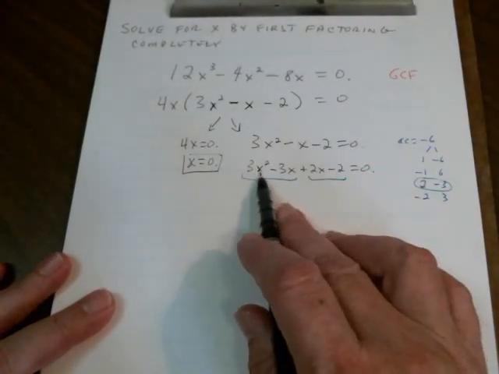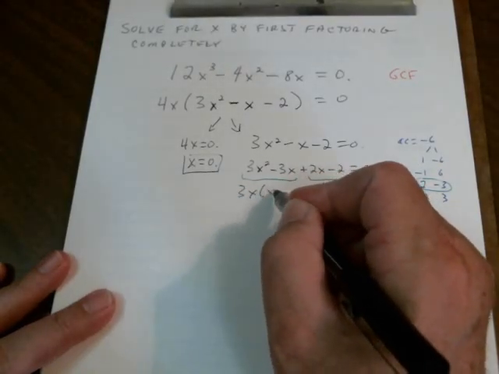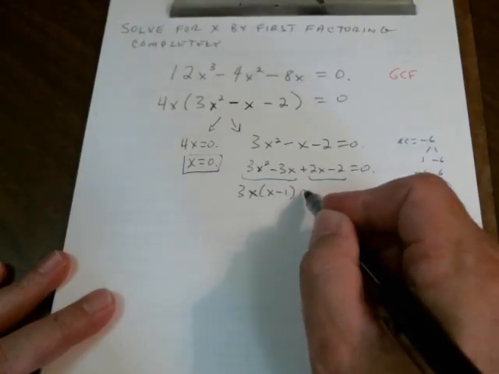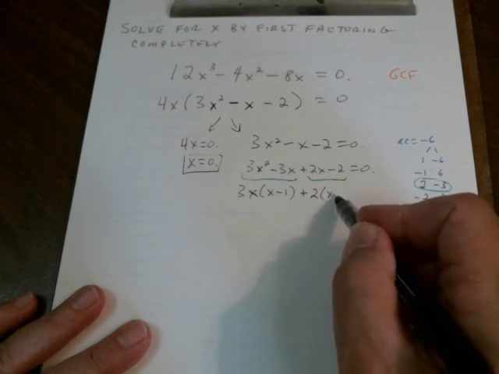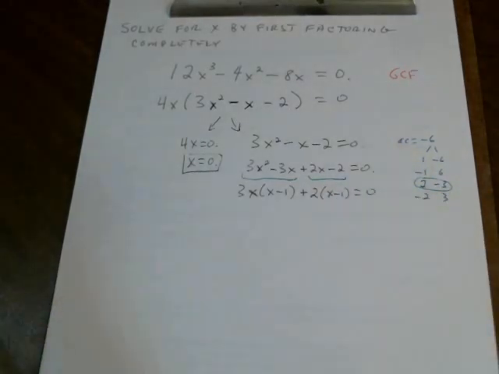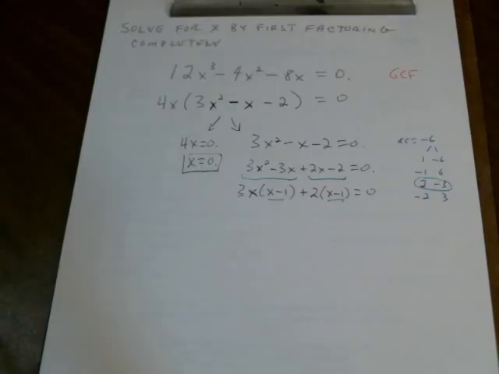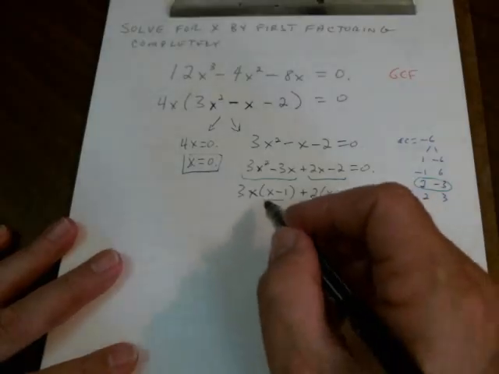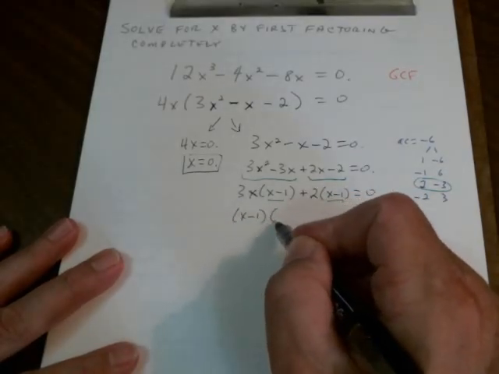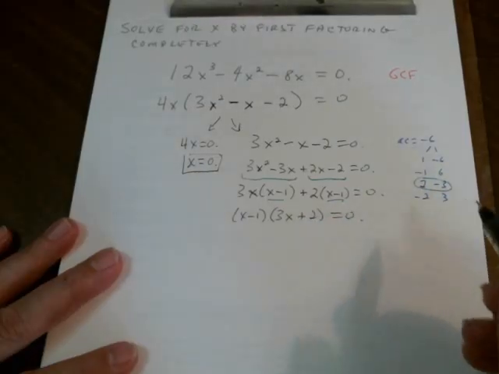On the far left, these two terms, the greatest common factor of which is 3x, and I believe x minus 1 is left over, plus, don't forget the plus, right here, if we factor out 2, the common factor 2, we now are in a good place because x minus 1 is a common factor. In fact, the greatest common factor of that term and this term here. So x minus 1 comes out. And what is left over is 3x plus 2, all of this being equal to 0.